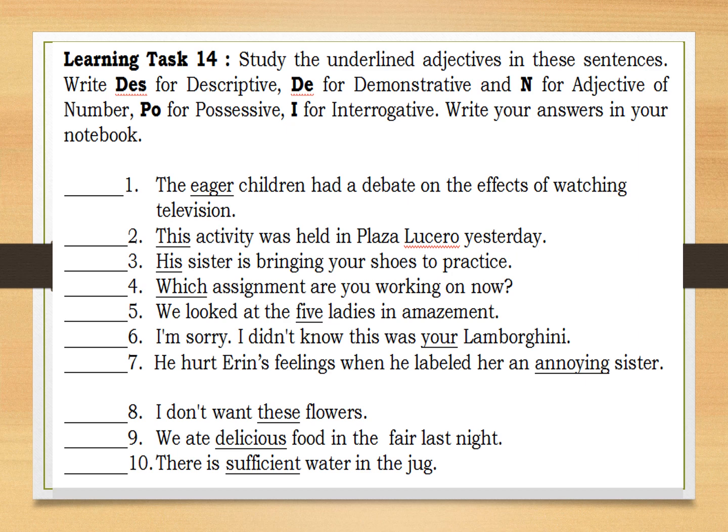Learning Task 14. Study the underlined adjectives in these sentences. Write DES for descriptive, DE for demonstrative, N for adjective of number, PO for possessive, I for interrogative, and write your answers in your notebook.